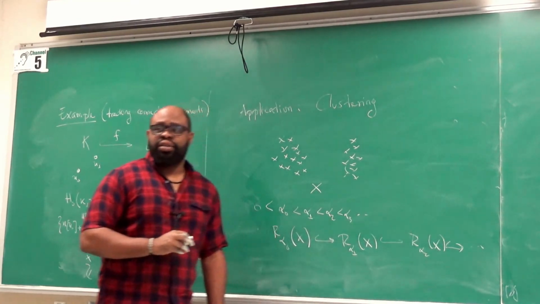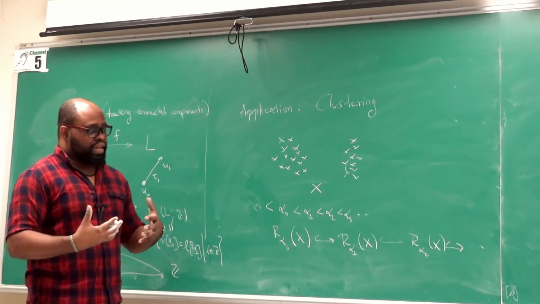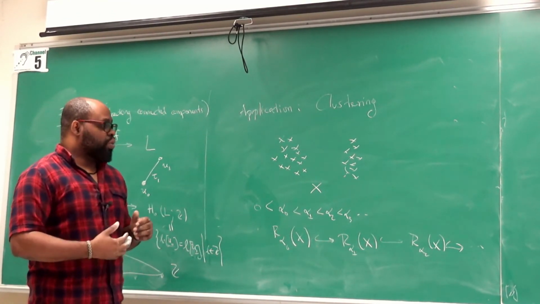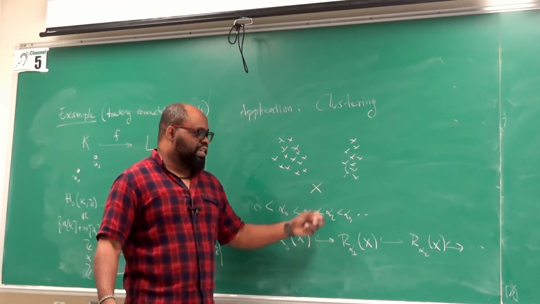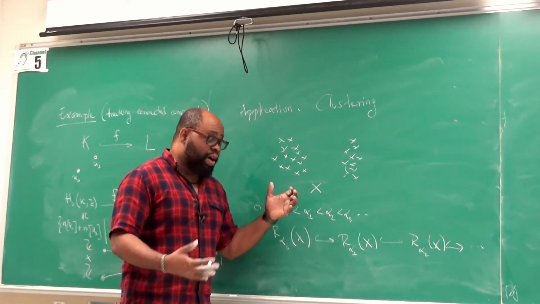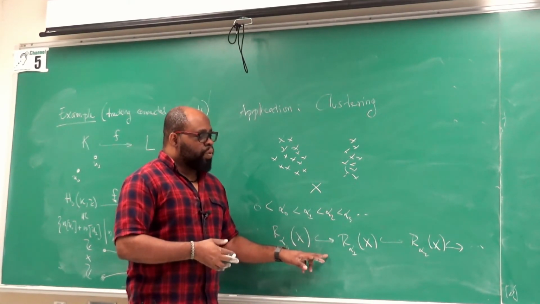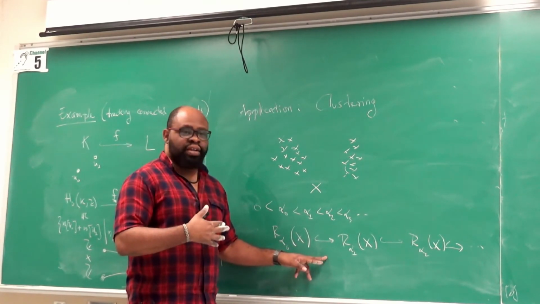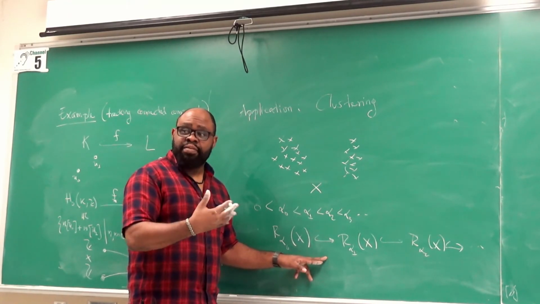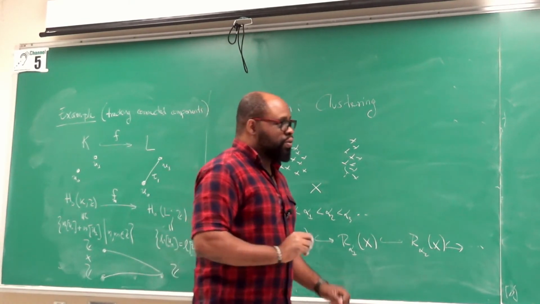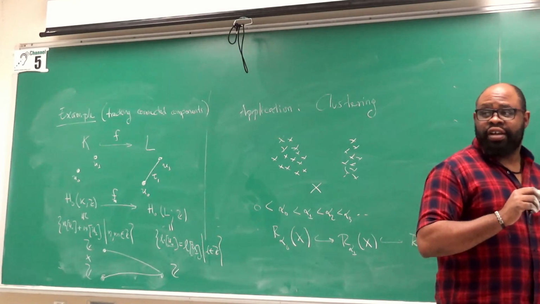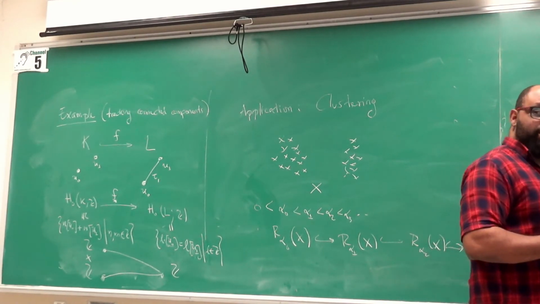Right? So the cool thing is that the same idea works indeed, not only for clustering, but we can start to think about how to track the homology in higher dimensions. So I'm going to give you a homework for Wednesday, something to think about.